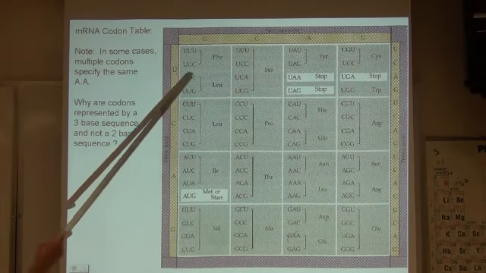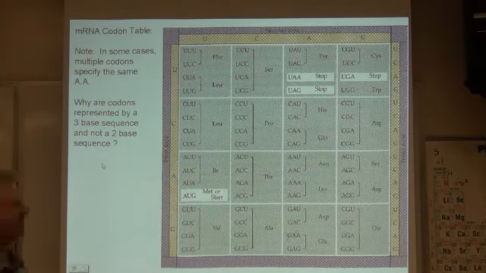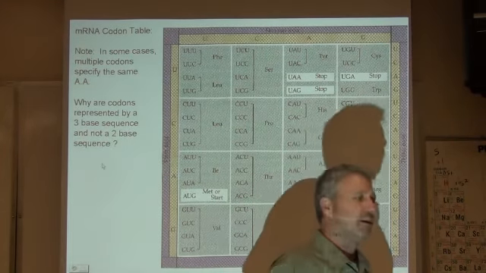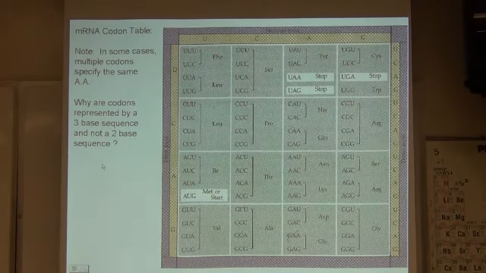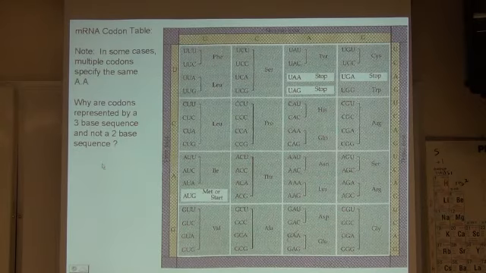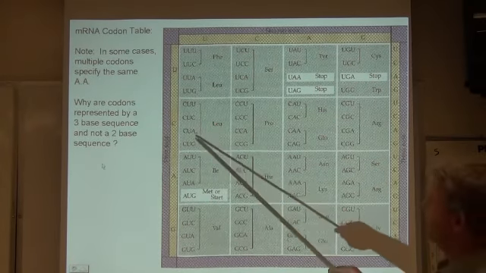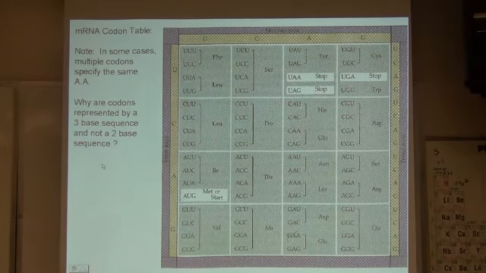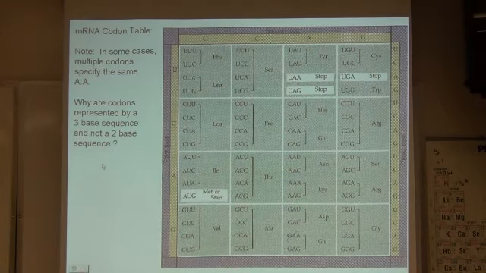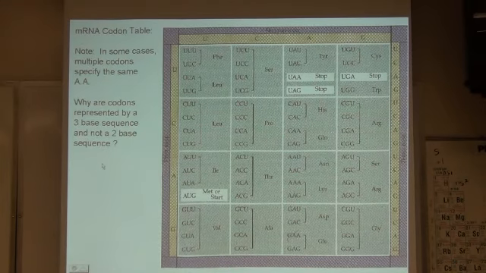In fact, right here, leucine has 6. Do you think leucine is an important amino acid? Absolutely it is. If it's got 6 codons, your genetic code, your DNA, can withstand several point mutations that change a specific nitrogenous base, but still encodes for the same amino acid.